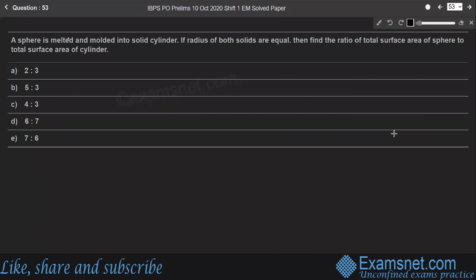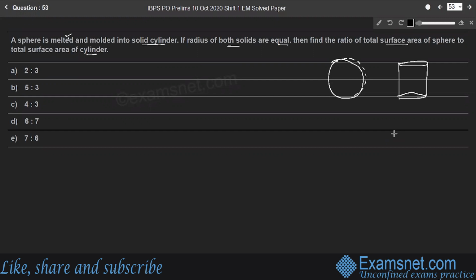Question 53. A sphere is melted and molded into a solid cylinder. If the radius of both solids are equal, then find the ratio of the total surface area of the sphere to the total surface area of the cylinder. Right? So let us consider a three-dimensional sphere and a solid cylinder.